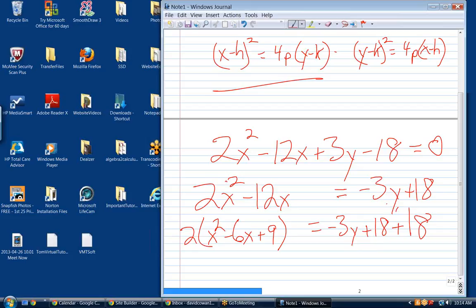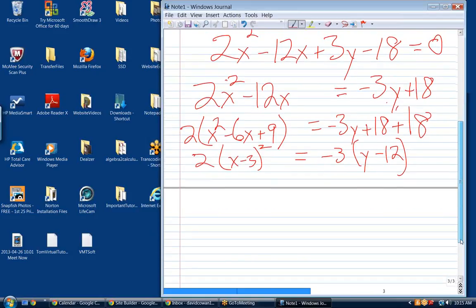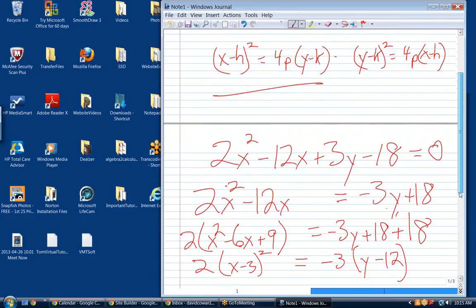Okay. All right. So now we've got 2 times x minus 3 squared equal to negative 3 times y minus 12. Okay, now what? And then we need to find p, so 4p equals, well, actually, what do we do with the 2? We gotta divide both sides by 2.